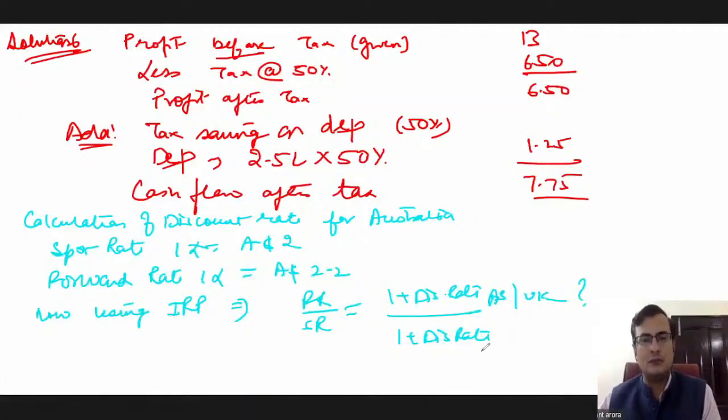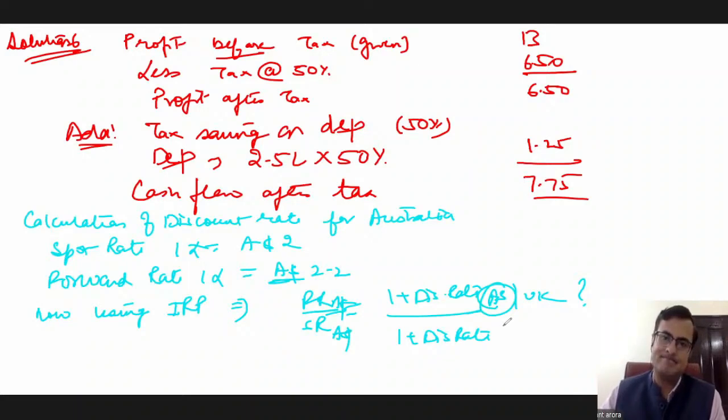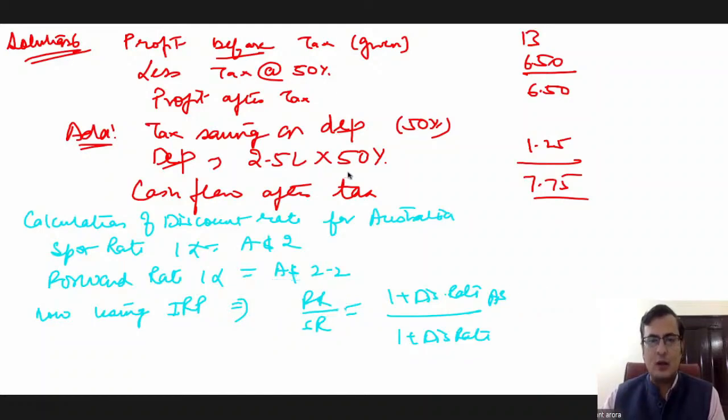This is a big problem? I say no, it's not a problem. What is this FR? Sir, this is Australian dollar. And this, sir, Australian dollar. So Australia will come in the numerator. Clear, everyone? I already taught you in the last Forex class.